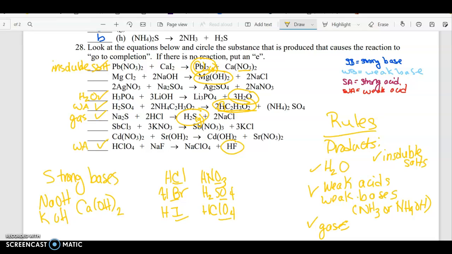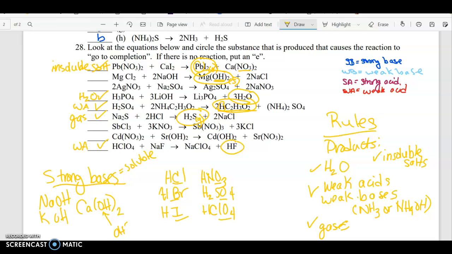Magnesium hydroxide is not one of them. So we know that this is insoluble. The strong bases are soluble. That's why they're strong bases. They completely break up to make the ion of the OH minus. This is a strong base. So magnesium hydroxide, if it dissolved, it would be a strong base, but it doesn't dissolve very well. So it doesn't release too much of this hydroxide, so we don't consider it strong.